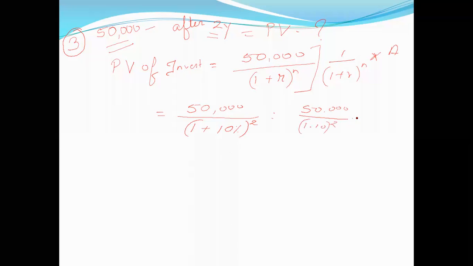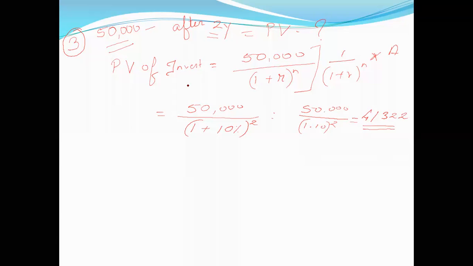When you solve this, what is the answer that you get? If I'm not wrong, you get somewhere around 41,000. Just calculate this. 41,322. 322.31. We'll keep this value.